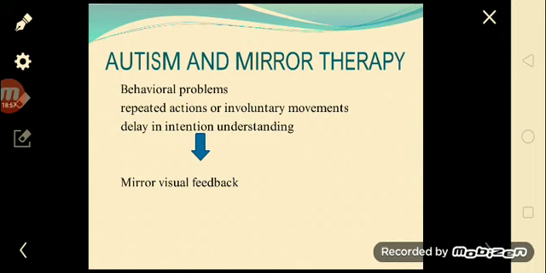There are repeated actions or involuntary movements, and there is a delay in intention understanding. So after giving this mirror visual feedback, the patient can activate the mirror neurons and he can interact easily with the social and he can lose the social interaction problems, and he can perform correct movements.